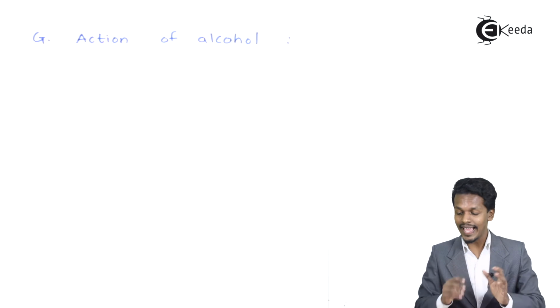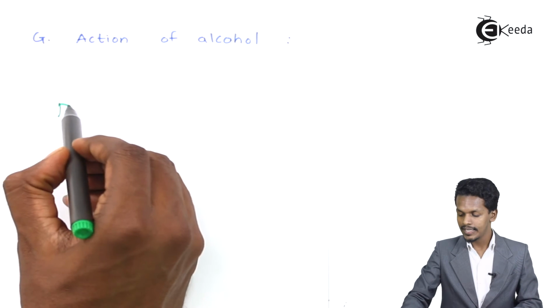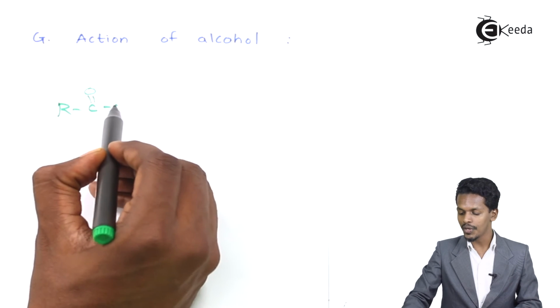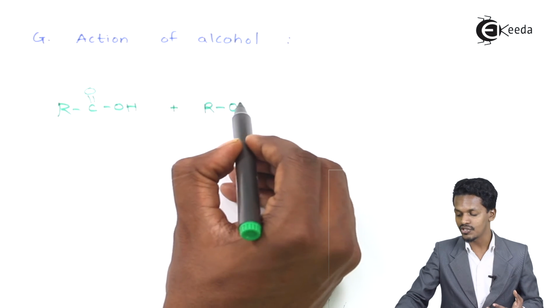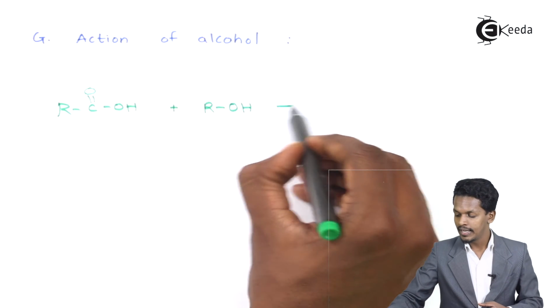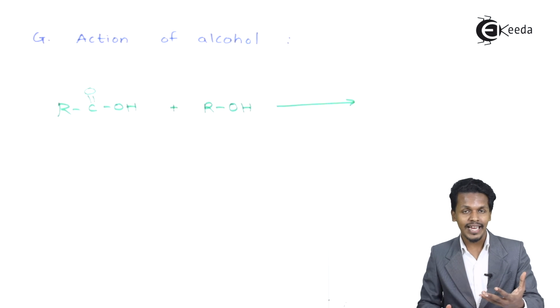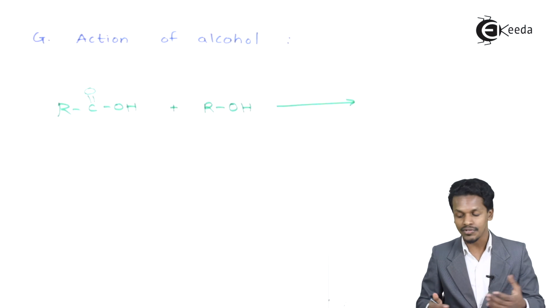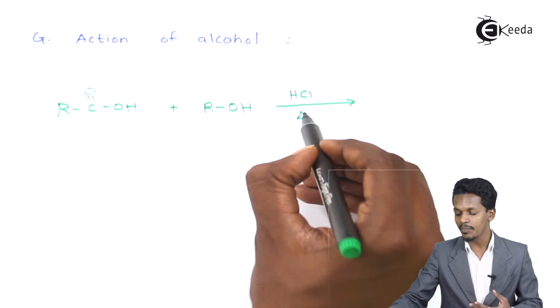The next reaction is the action of alcohol on carboxylic acid. For that we have RC=OOH as the carboxylic acid, and suppose it reacts with ROH, that is alcohol. This kind of reaction is known as an esterification reaction. The reason is that the product we obtain is an ester, but this reaction only proceeds in the presence of HCl and at higher temperature.